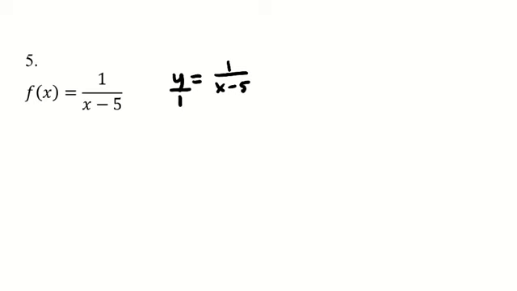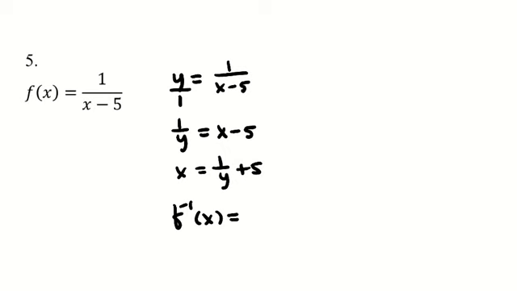If those two fractions are equal, then they'll be equal if I flip them. So I've got 1 over y equals x minus 5 divided by 1. That's legal. And then I'm going to add 5 to both sides. And I'm going to switch it to f inverse of x equals 1 over x plus 5.